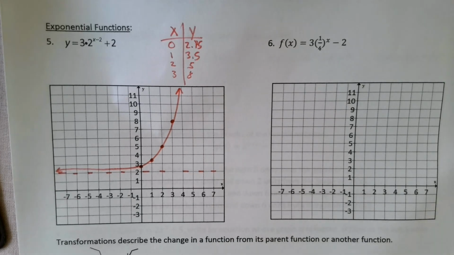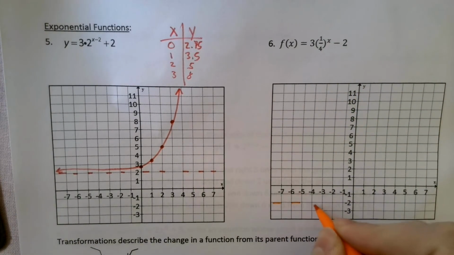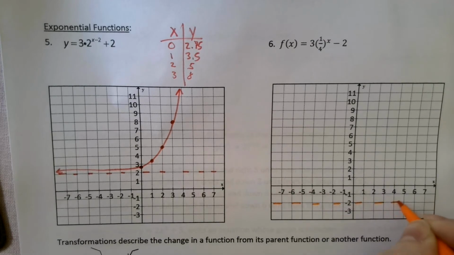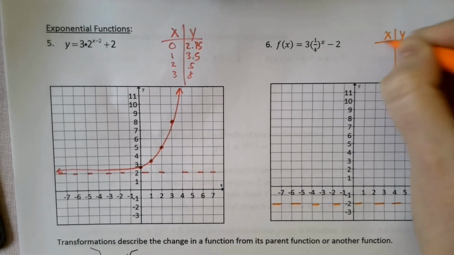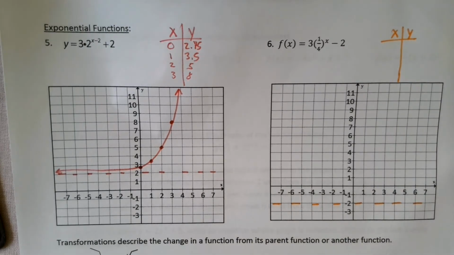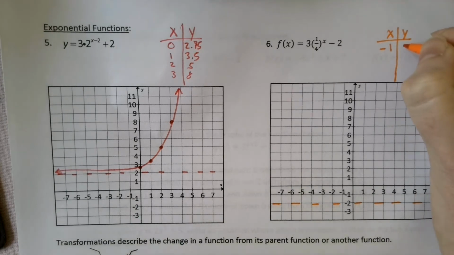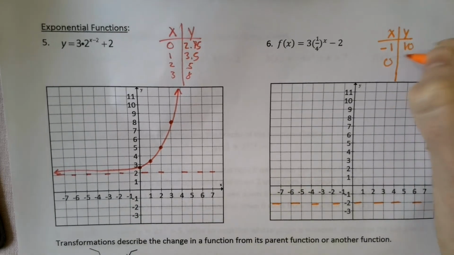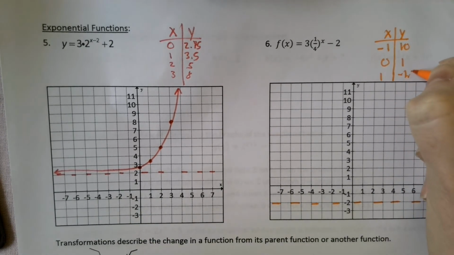And then we're going to do the exact same thing on the next side. Our asymptote is going to be this negative 2. We're going to make our table of values. We're going to type it into our calculator. And for this one, it's actually kind of hard because we only get 3 points that are relatively easy to graph.